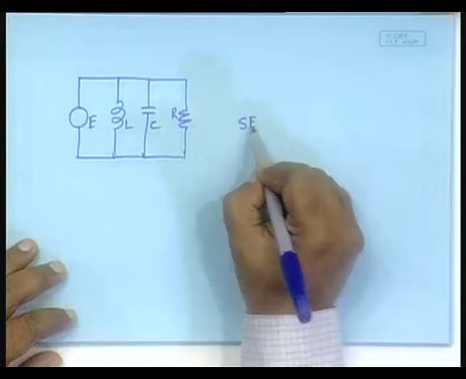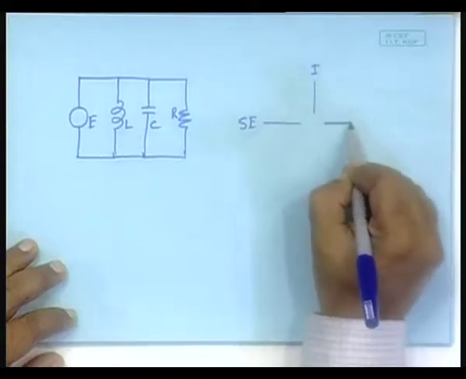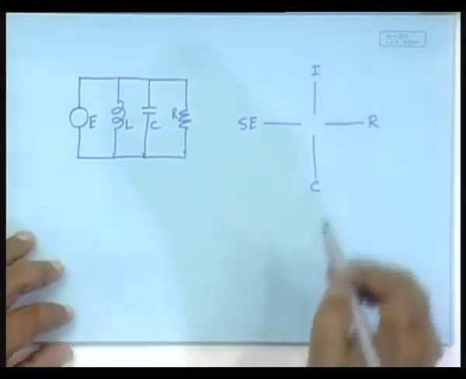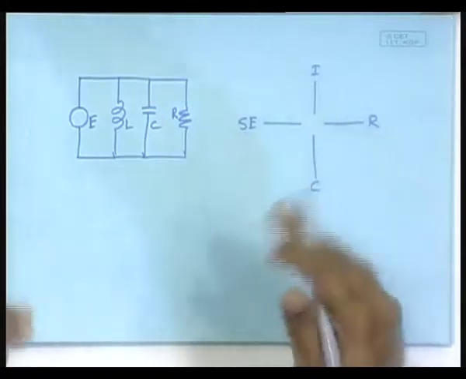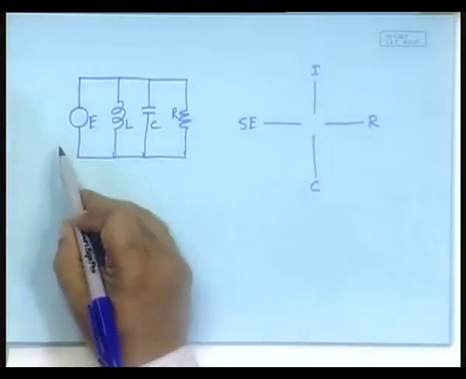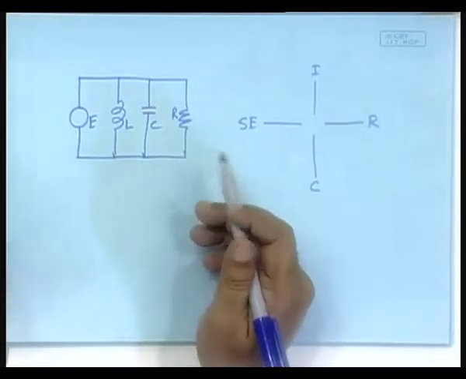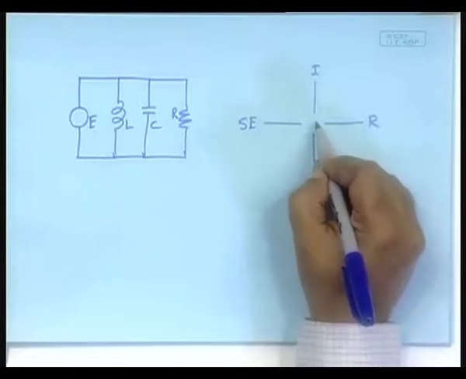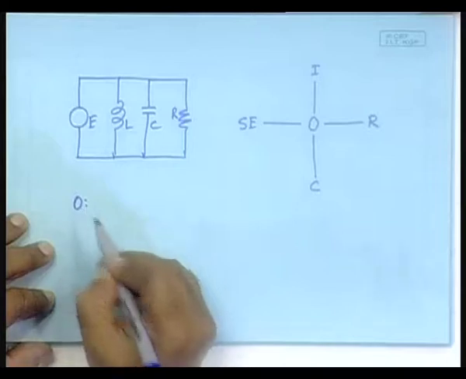SE connected to I connected to R connected to C connected to. But then what is in between? What is the property of the junction? How do they exchange the information? Their voltages are the same. So, we have to represent something that is an effort equalizing junction. It is called 0.